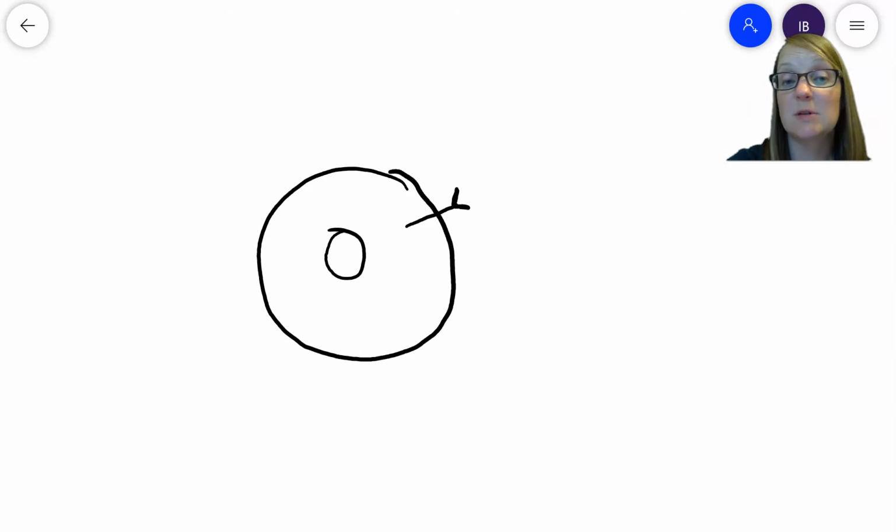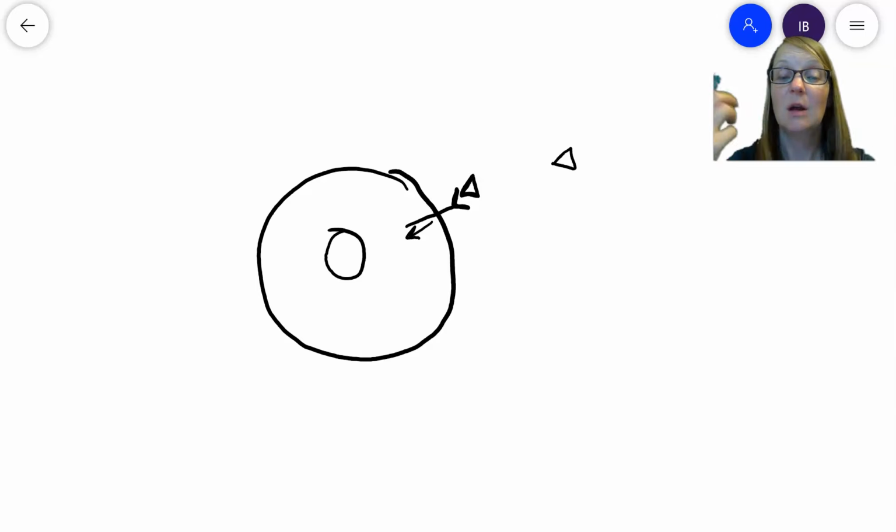And so when your body produces insulin, I'm going to draw insulin as a little triangle, insulin can come along and bind to the receptor here on the surface of the cell. And when this binding occurs between the insulin and the receptor, it tells the inside of the cell, hey, you need to start pulling blood glucose out of the blood so that we can maintain normal levels.